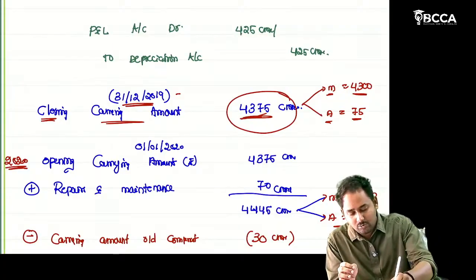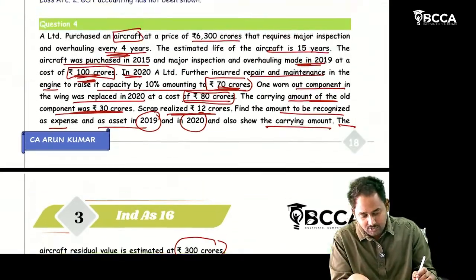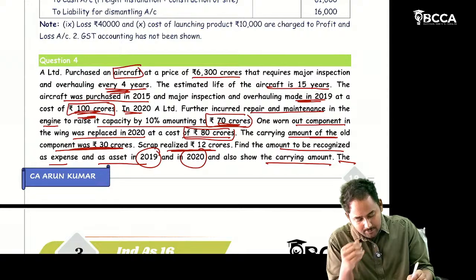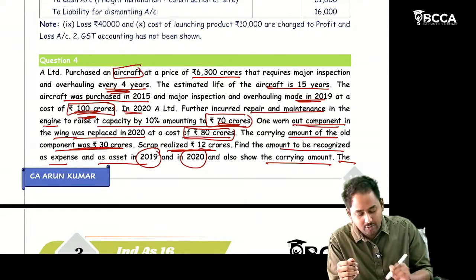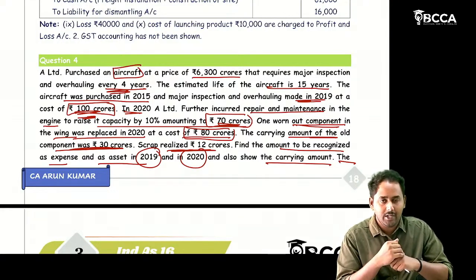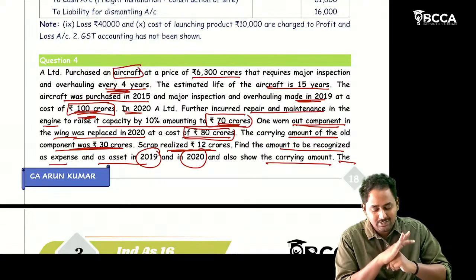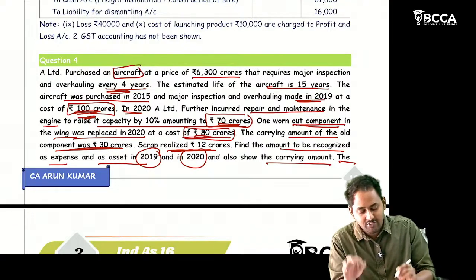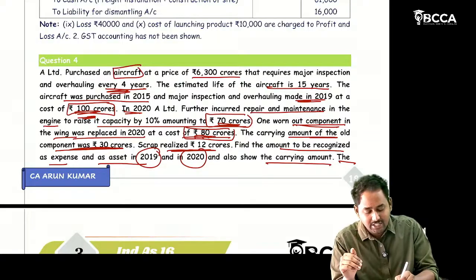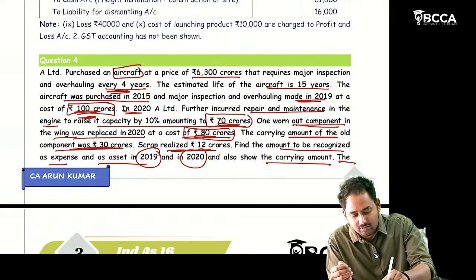Then what happened in 2020? In 2020, one worn out component in the wing was replaced at a cost of 80 crores. So one new part has been purchased for 80 crores and the carrying amount of that old part is 30 crores. So what is the first element? I should include this 80 crores in the entire cost of the asset.